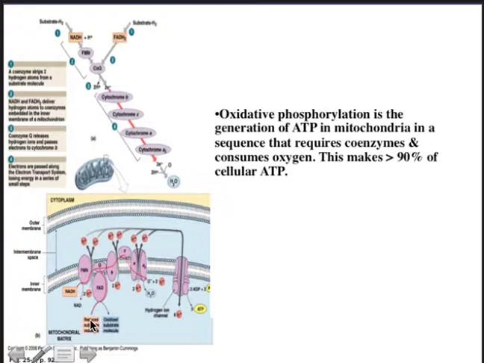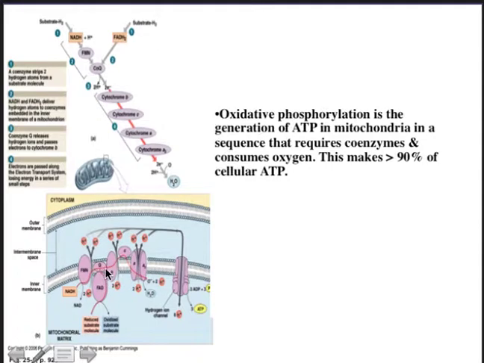The FADH2 gets oxidized to FAD, so it donates its electrons to this carrier, and then these electrons, by virtue of their physical location, begin to lose potential energy, and that potential energy is used to pump protons from the mitochondrial matrix into the inner membrane space.